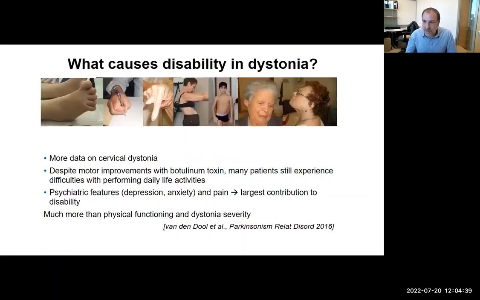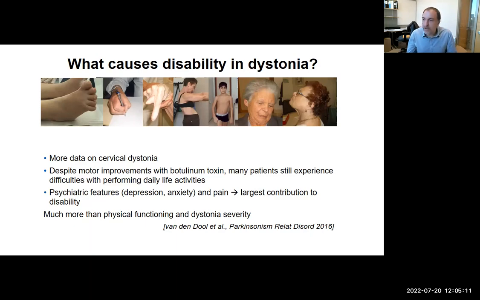Similar type of concept applies also to disability, which is a construct that is close to quality of life, but it's not the same thing. Of course, the two are quite correlated. Most of the data that we have on disability in dystonia come from cervical dystonia, and we are all aware that many patients, despite motor improvements with botulinum toxin, still may experience trouble in performing some daily activities.